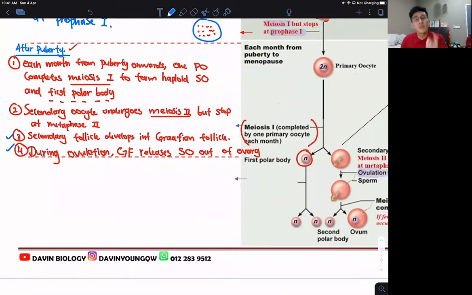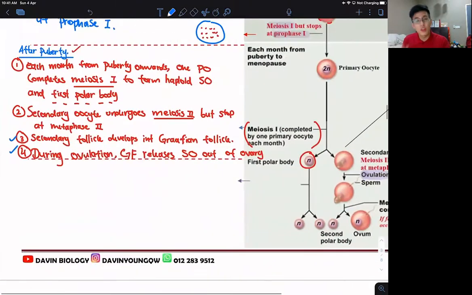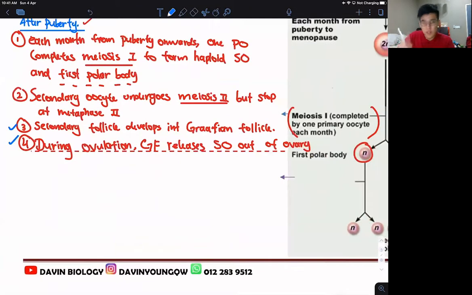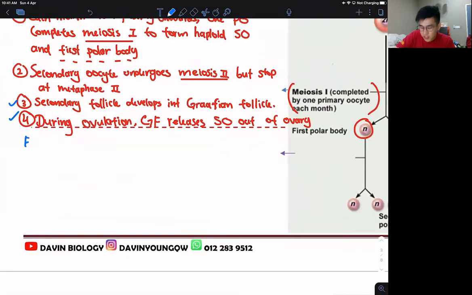So when does it become the ovum that we always mention? In order for it to become ovum, it depends on the third phase, whether it occurs or not, which is fertilization. If a sperm comes and fertilizes the secondary oocyte, then only it becomes ovum.